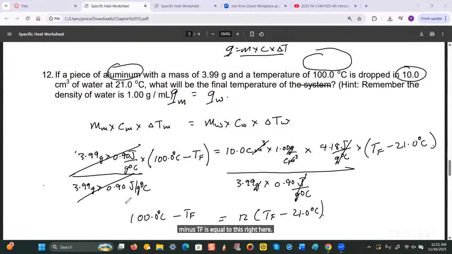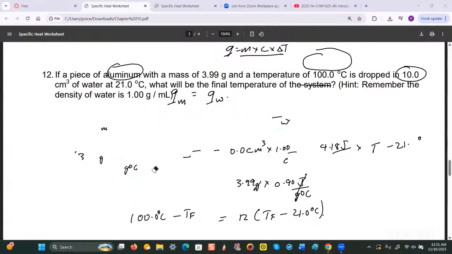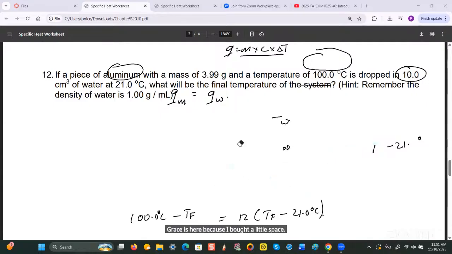And basically from here it is just a matter of doing some algebraic steps. This is here because I'm going to need space. Okay, so what I'm going to do now, what's the term they use in math?